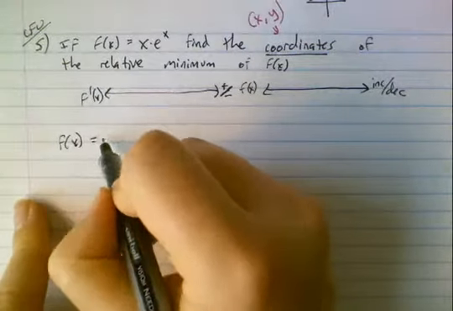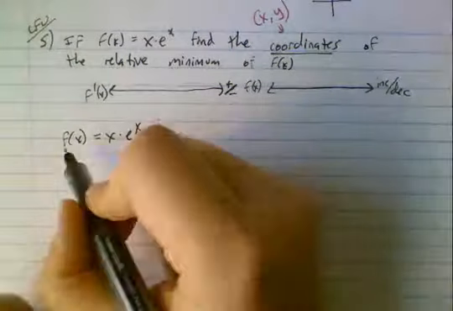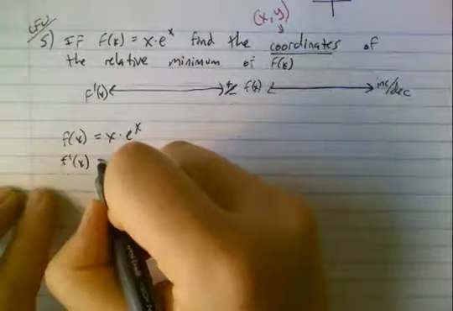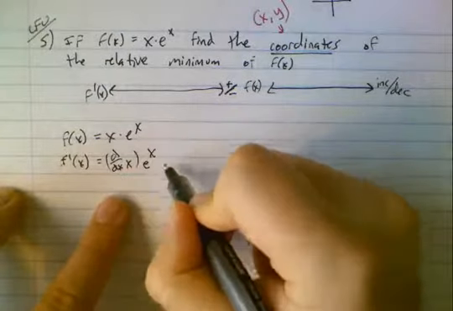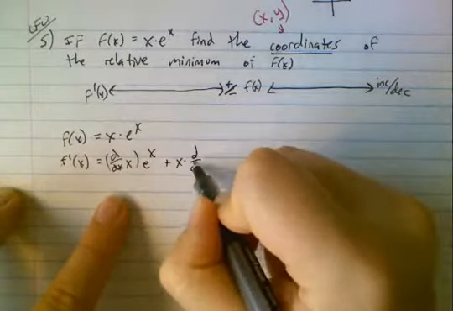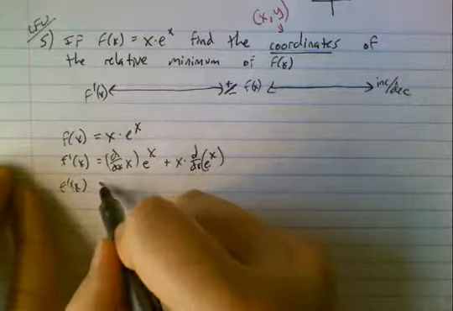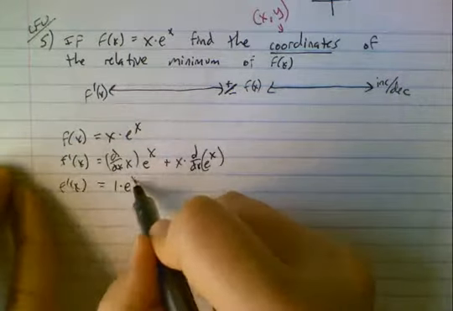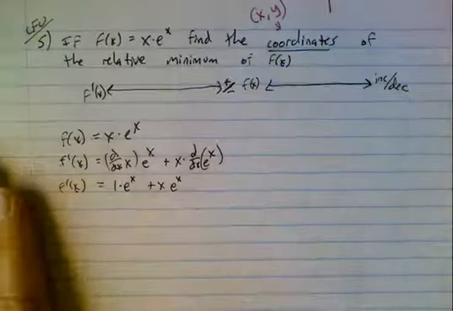So start with f of x equals x times e to the x. Okay, take the derivative. Product rule: derivative of x times e to the x plus x times the derivative of e to the x. Derivative of x is 1. Derivative of e to the x is e to the x.